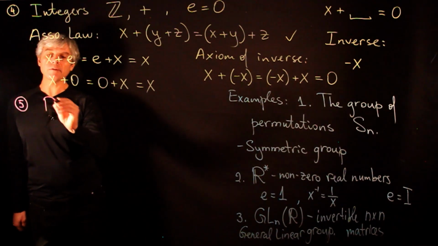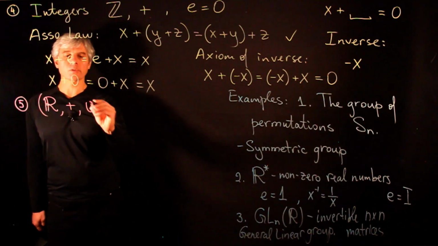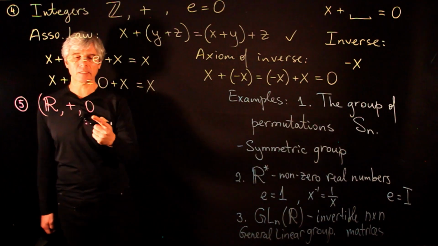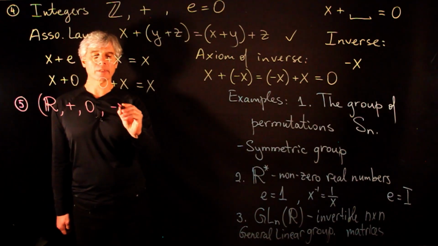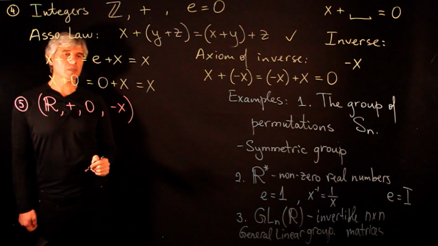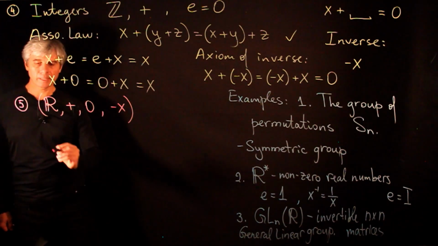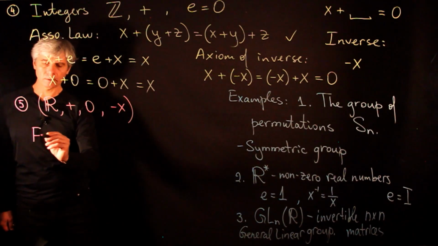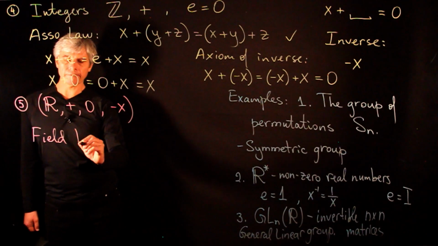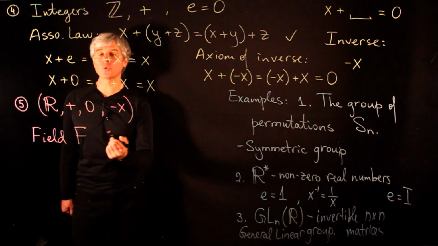So now if we take real numbers with the operation of plus, right, the identity element being 0 and the operation minus x, and again this becomes a group with respect to addition. Now, if we have a field F, then each field actually gives rise to two groups.